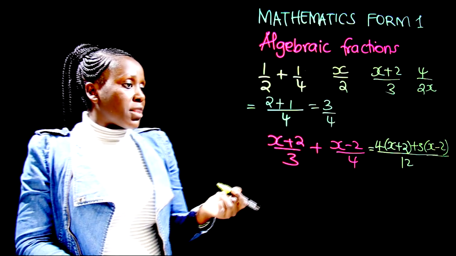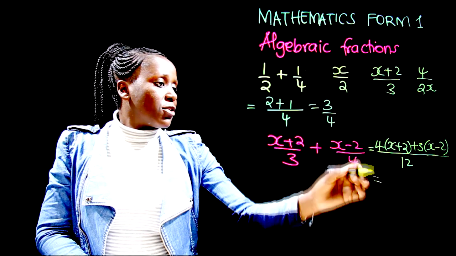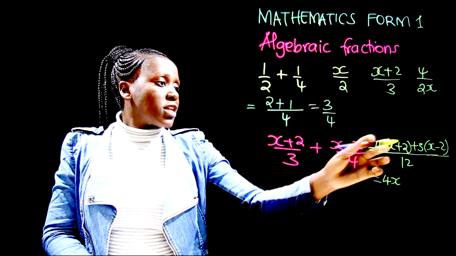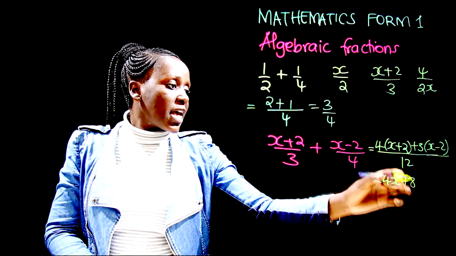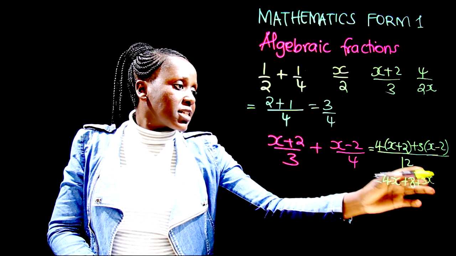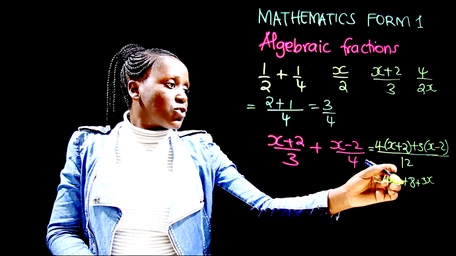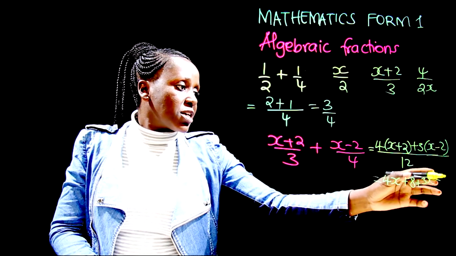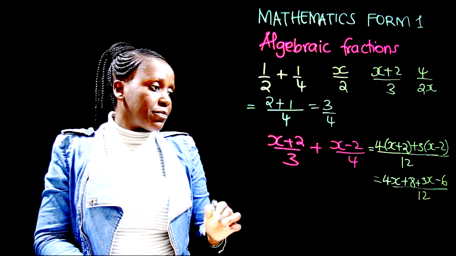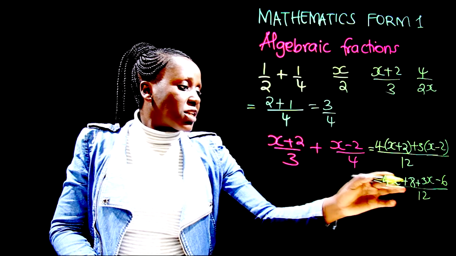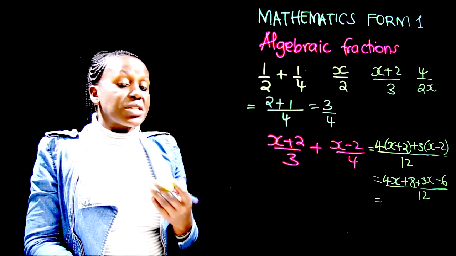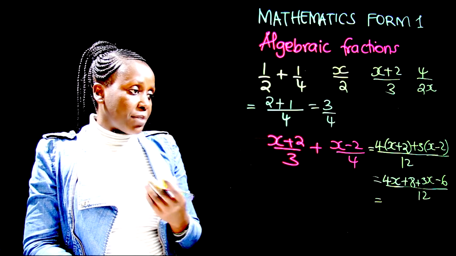Now when you open the brackets, we will have 4 times x, which is 4x, 4 times 2, which is 8, 3 times x, which is 3x, 3 times negative 2, which is negative 6. All that divided by 12. At this point, we are going to simplify the numerator by putting the like terms together.